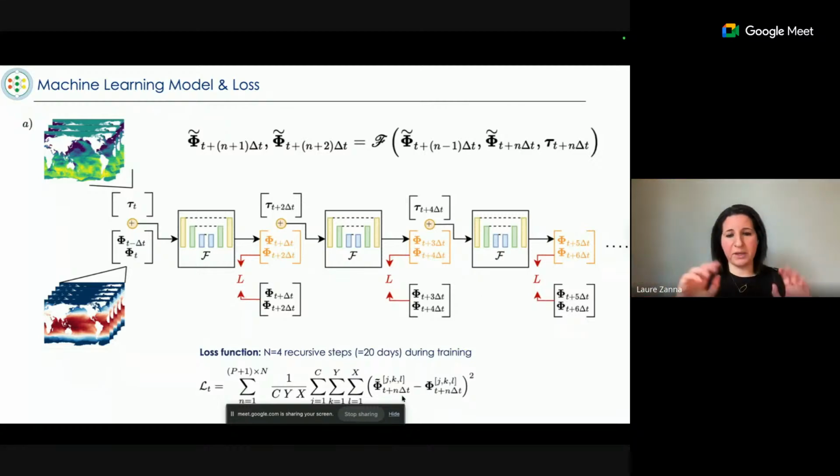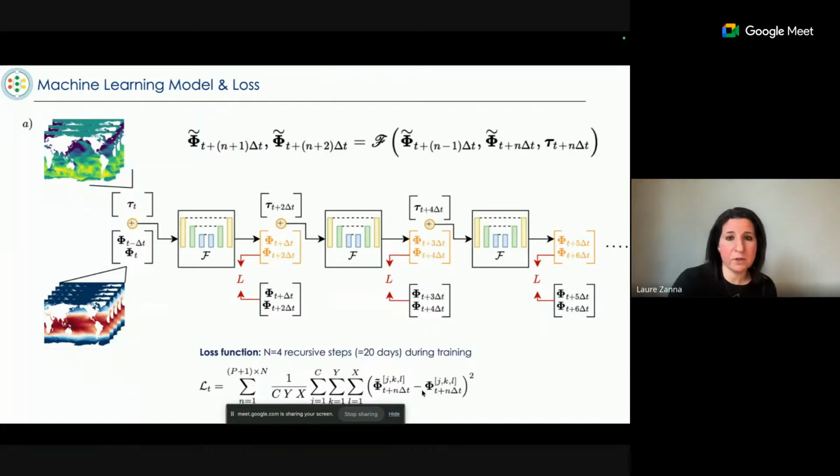And again, it's basically a cumulative loss function for the different state variables. I have nothing else in there, right? I have no additional constraint. You can see I have no additional regularization. We keep it as simple as possible. It has, of course, its downsides, and I'm going to come back to it in a bit. But so 2 in, 2 out for the main state variables of the ocean, with a loss function that is just over 4 recursive time steps.